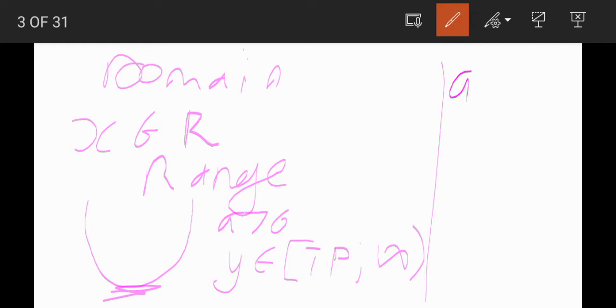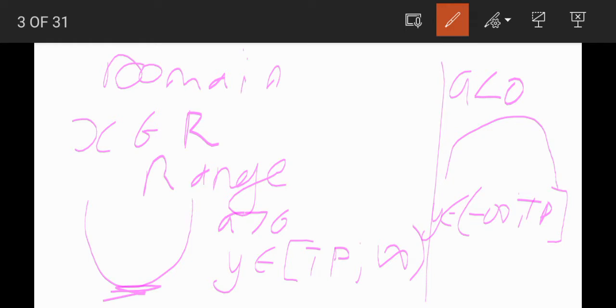If a is less than 0, meaning it's negative, we have a graph that looks like this, a concave down graph. We will have y being an element of negative infinity all the way to the y coordinate of the turning point.